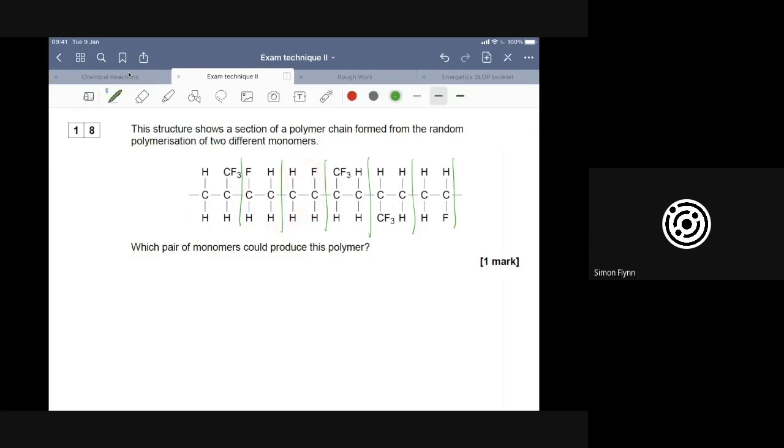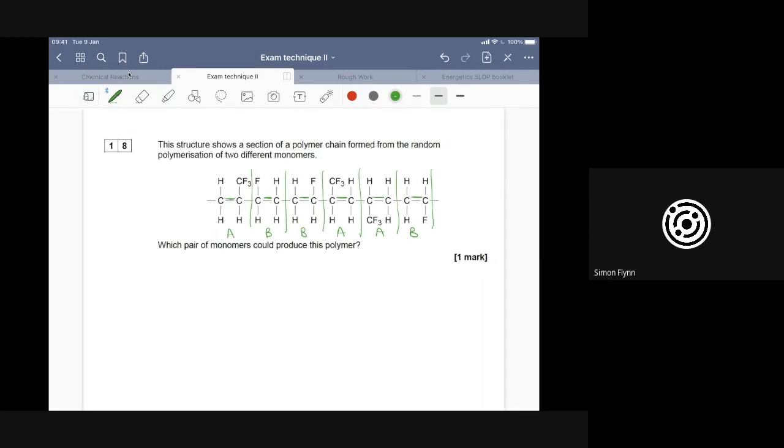So let's call that A, and let's call that B. Oh yes, that's B. That's A, that's A, that's B. It might have taken you a bit longer to do that, and you might have drawn your lines in the wrong place, but I would start from the left and just do 2 along. Then when you're trying to work out the actual monomers, just put the double bonds between the carbons. So again, it's just annotating and making it easier.